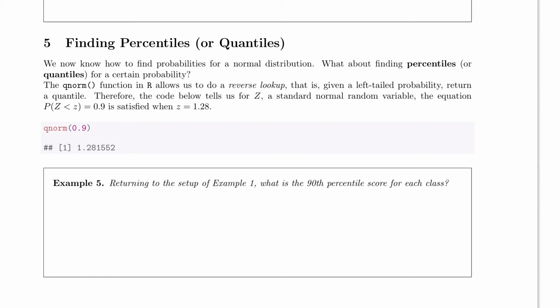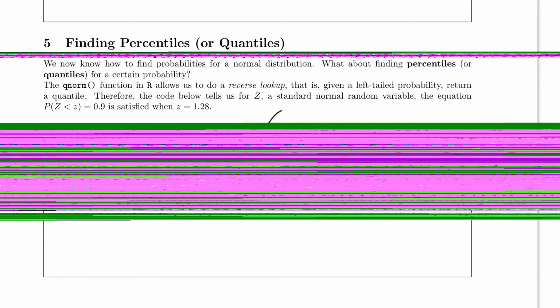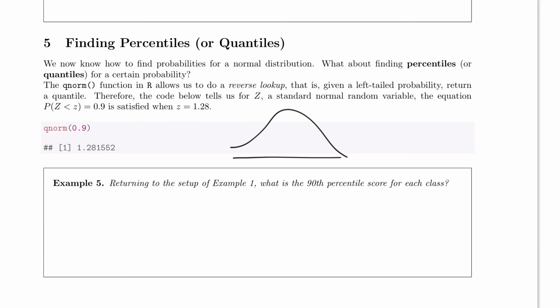So for example, if I'm looking at the standard normal random variable and I want to ask, if I'm drawing this normal random variable and I want to find what point do we have 90% of the data below, so what is this vertical line? I simply pop in 0.9 into Qnorm and out comes 1.28, and that corresponds to the value here on the x-axis.